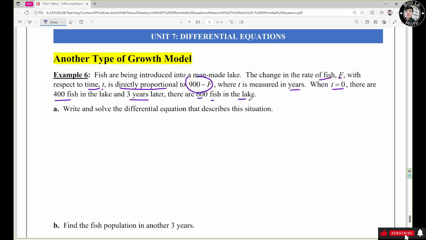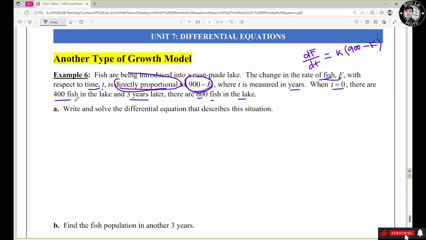Alright, now we need to summarize the problem. The rate of change of fish f, which means df, with respect to time t, which means over dt, is directly proportional, which means equals k times 900 minus f, where t is measured in years.